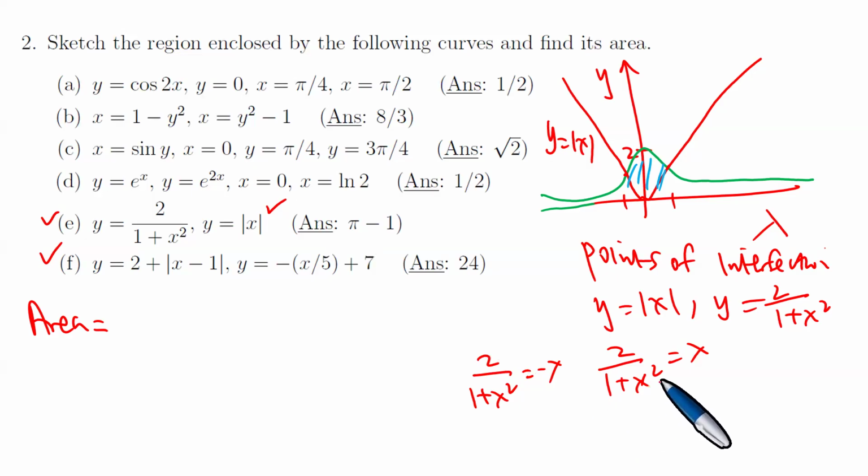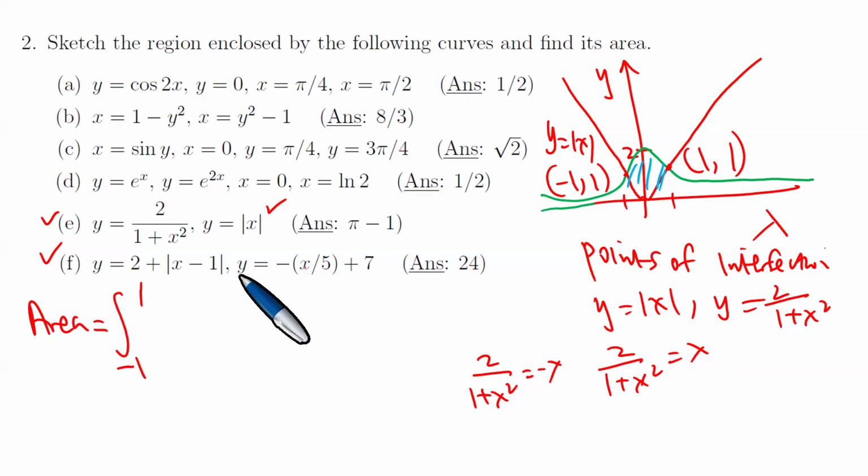So either way, these are going to intersect when x equals 1. When x equals 1, y would be 1. When x equals minus 1, y would be 1. So now for the x, you're going to integrate from minus 1 to 1.